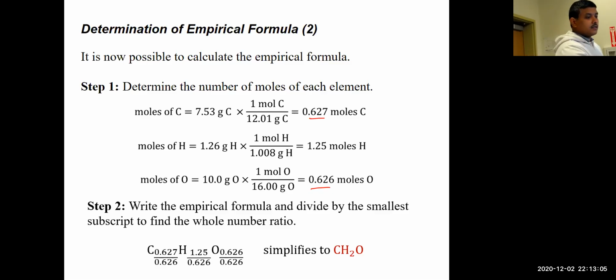So once you cancel these ratios here, you get 1 carbon. Once you cancel this, you get 2 hydrogens. Once you cancel this, you get 1 oxygen. That is how you identify the empirical formula as CH2O.